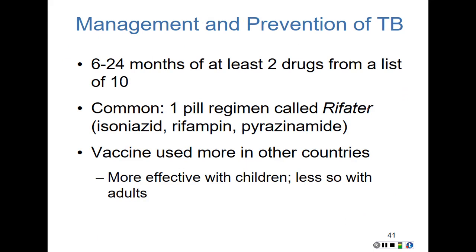Treatment usually is a long-term regimen. There are maybe, I've forgotten the exact number, maybe around 8 approved drugs in the United States. There is a 1-pill regimen that actually is a combo of different drugs.